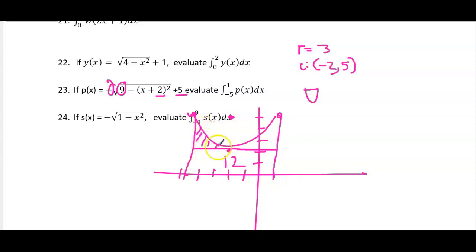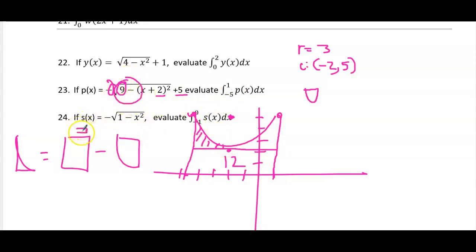the way that we do that is the area of the ramp is equal to the area of a square minus a corresponding quarter circle. The length of the square and the radius of the quarter circle are whatever your radius is here, so that's 3.